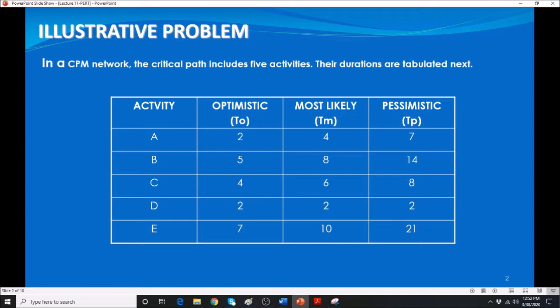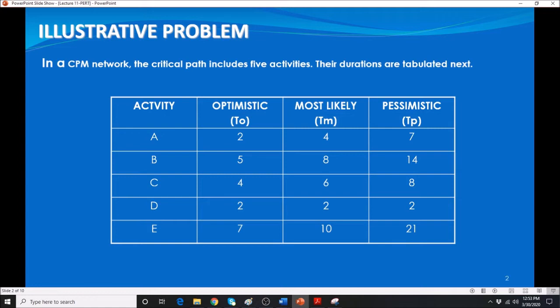All right, so in your lecture, you have different types of formulas which you will be calculating, such as T subscript small e, which corresponds to the estimated time for a given activity. We have T capital E, which corresponds to the estimated schedule time or duration for the entire project.